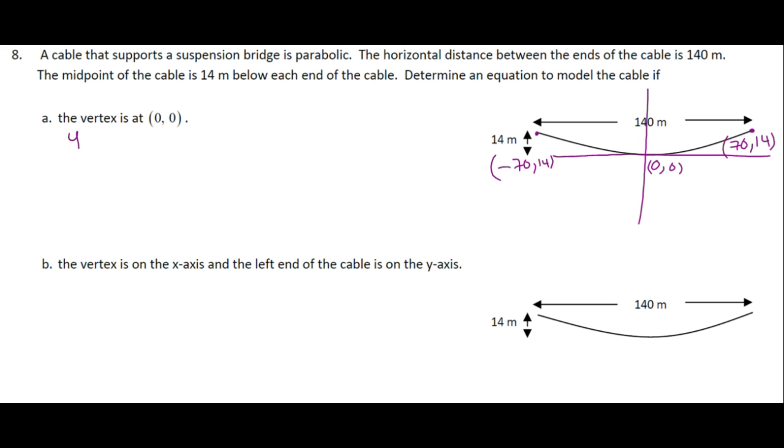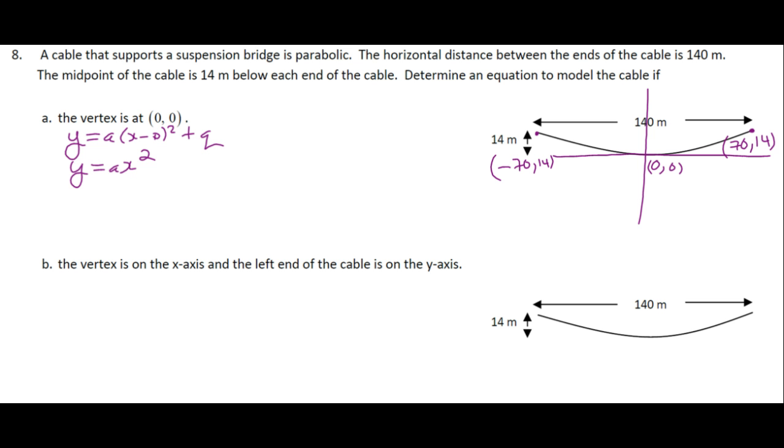Okay, well, usual, right? Zero, zero is nice, right? Because then it's just y equals ax squared, right? No p, no q, right? X minus 0 squared is just 0.